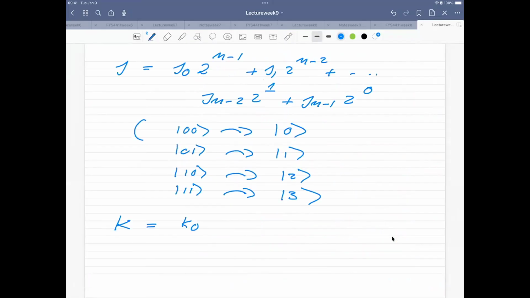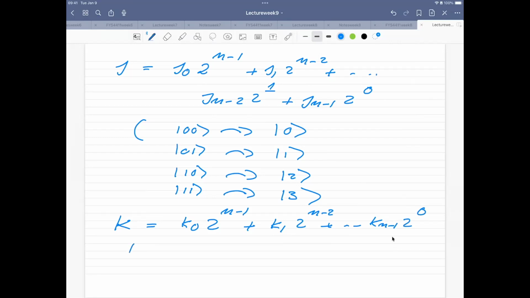Now, I have a 2^(n-1), so the same coding, K_0 times 2^(n-2) and all the way down to K_(n-1), multiplied with 2^0.